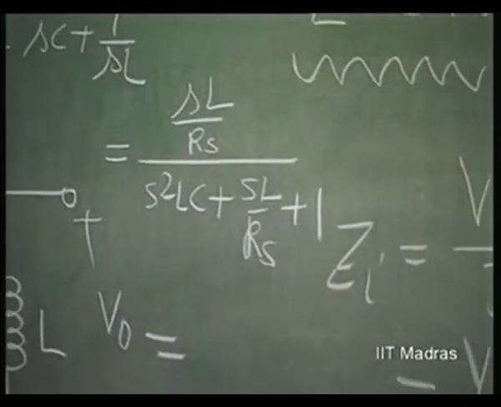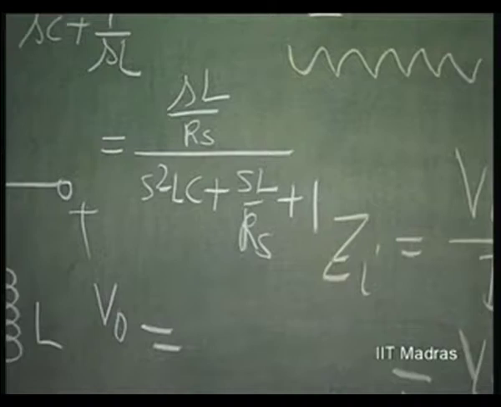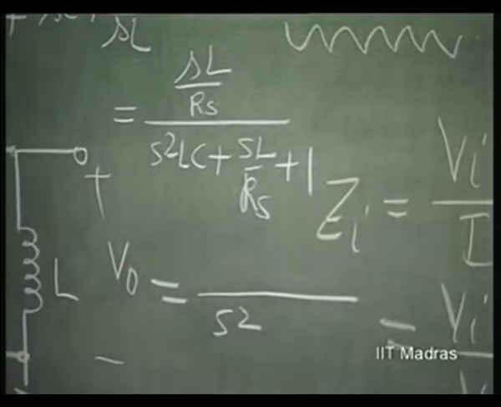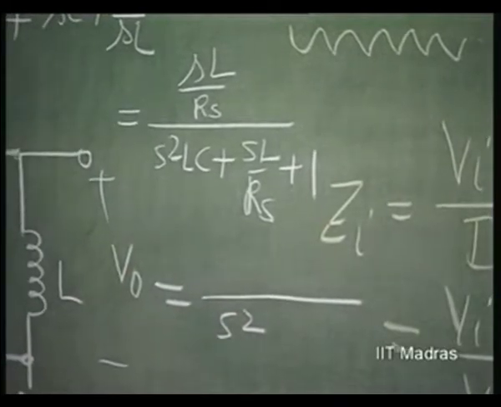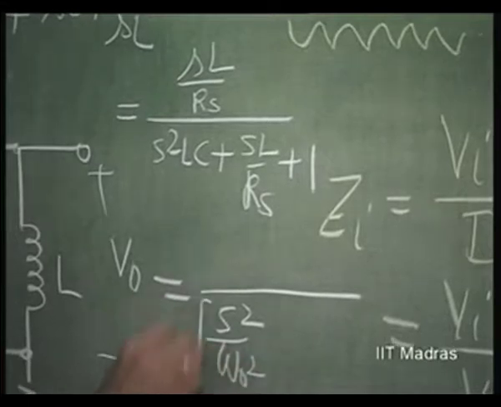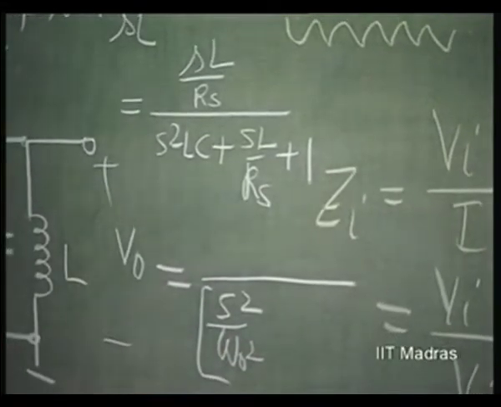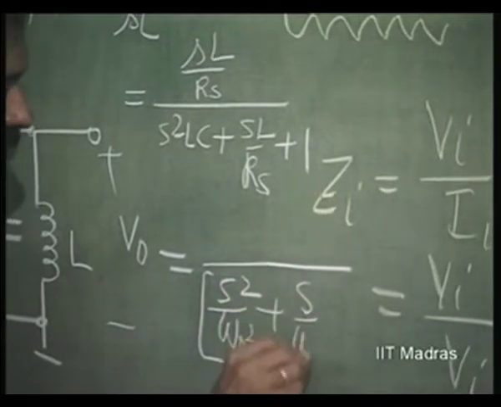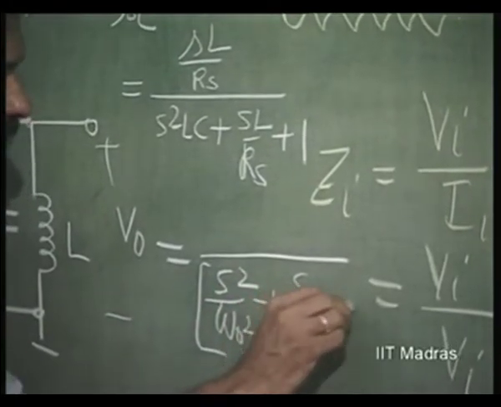Now, this is rewritten according to normalization, just as we did in the case of our KHN filter or universal active filter or state variable filter. This is put as natural frequency: S squared by omega naught squared plus S divided by omega naught Q plus 1.